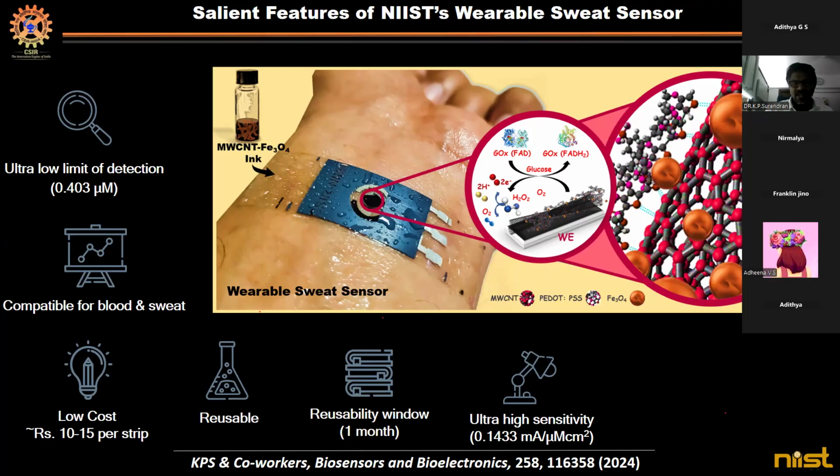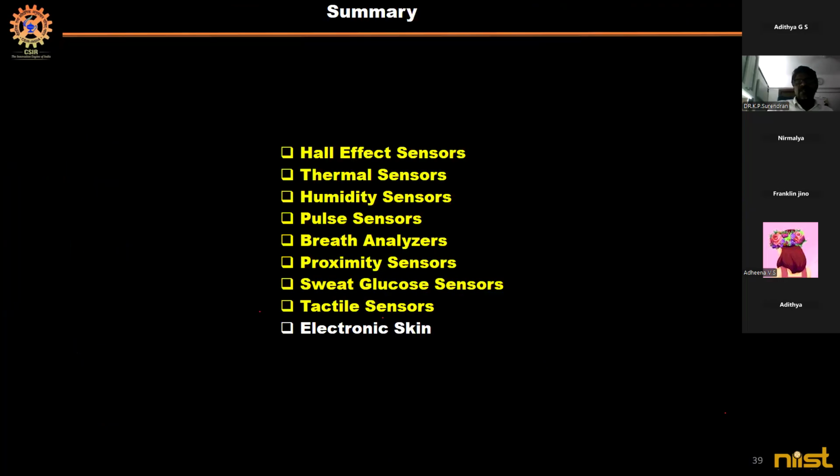So our sensor is cost effective, very easy to fabricate, and very selective and sensitive. These are some of the sensors that we have just seen from the surface, nothing seriously gone deep into.